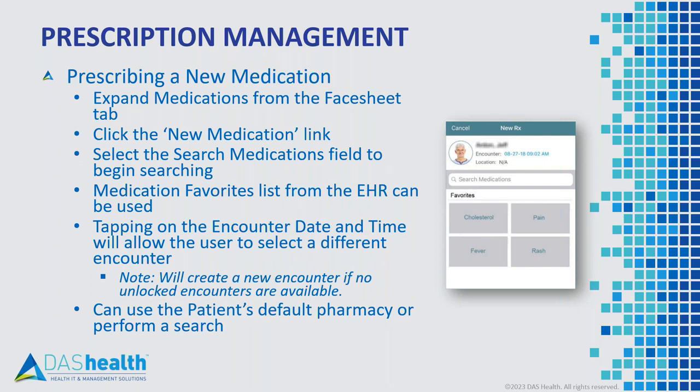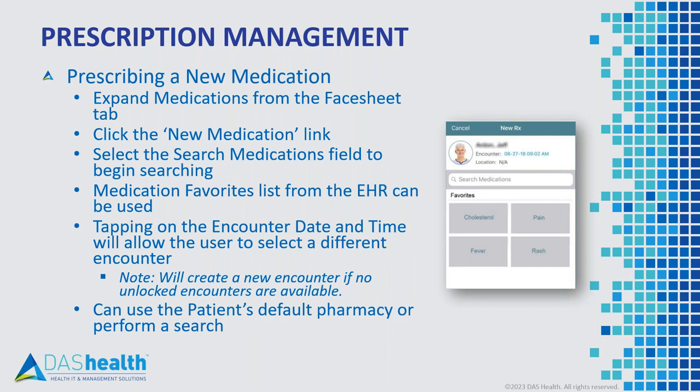And then we can tap on that encounter that's listed up at the top of this screenshot. That will allow the user to select a different encounter to associate that prescription with if needed. It is important to note that when prescribing in the mobile app, if there are no unlocked encounters available to be used, a new billable encounter will be created automatically to allow that prescription to be entered.